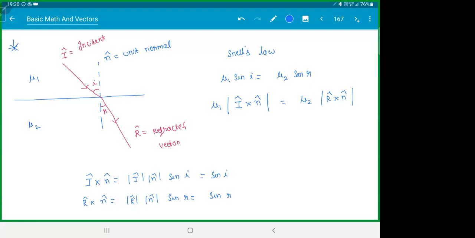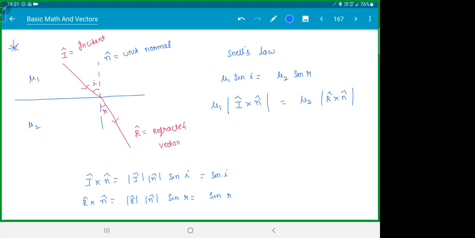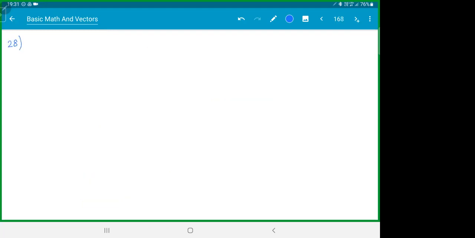Let's see one more question, and then after that we'll do something called a box product. Let's say we have two vectors, mod A is equal to 1, mod B is equal to 4, A bar dot B bar is equal to 2, and given C bar is 2A bar cross B bar minus 3B bar.